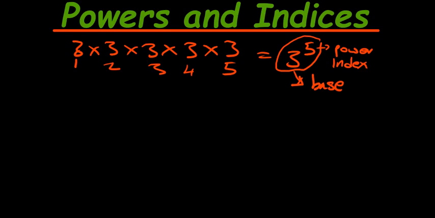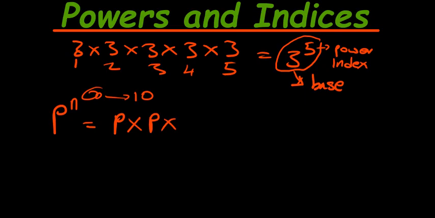Now, one thing you have to understand again is that any number which can be represented by p raised to the power n can be any power except 0 going up there, and most of the times we end at 10. So except from 0, any number in between, and then we reach 10. This can go as p multiplied by p multiplied by p until you reach the value of n.